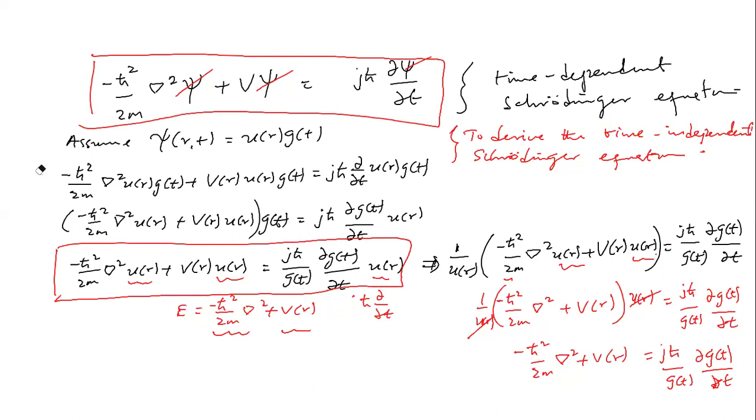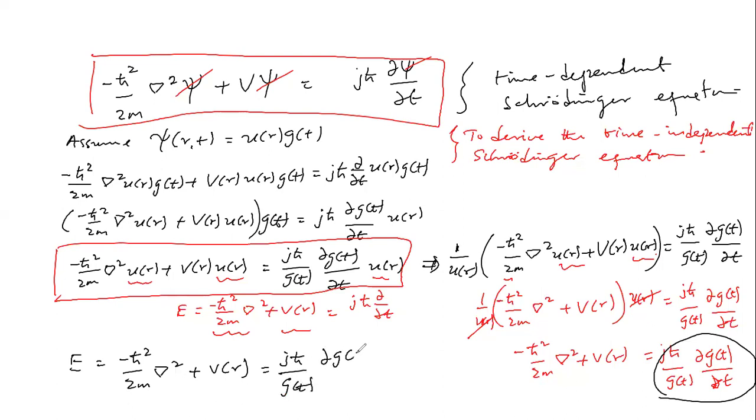There's no negative. Now, by observation, you will see that going by this analogy, we can also state that the energy E is the same as negative h cross squared over 2m nabla squared plus v(r), which is the same as this expression, j h cross over g(t), the dg(t)/dt. Okay.